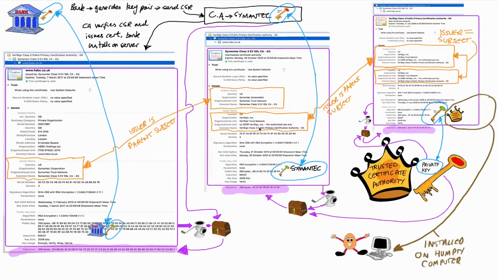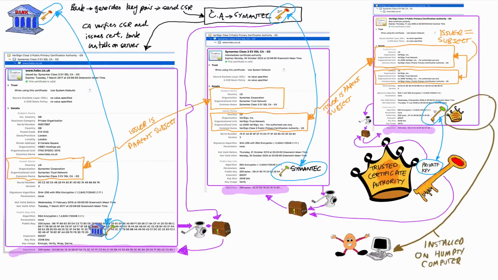Now the point is that when I mentioned that Humpty's browser verifies that this signature matches the contents of this document, and that Symantec really did sign this document, because they were able to find the public key corresponding to Symantec and use that to decrypt the signature, once they knew that Symantec could be trusted, that was enough for them to say, right, go ahead, this SSL certificate is fine, this public key really does belong to HSBC.